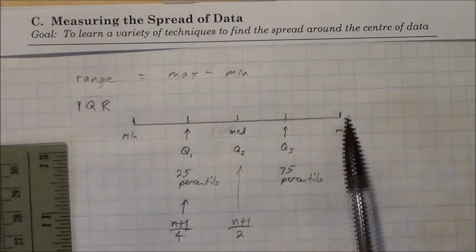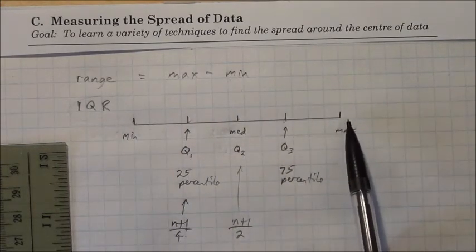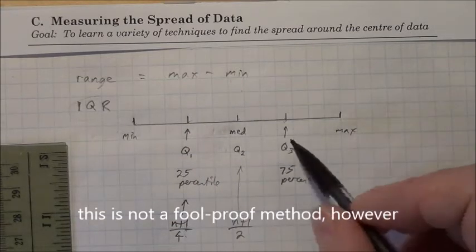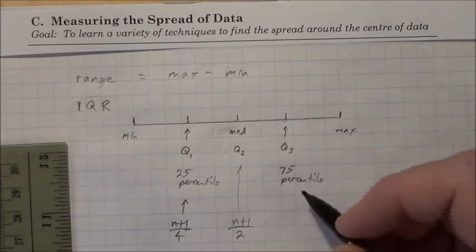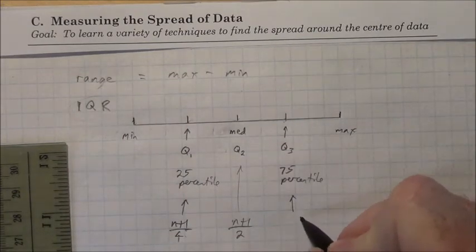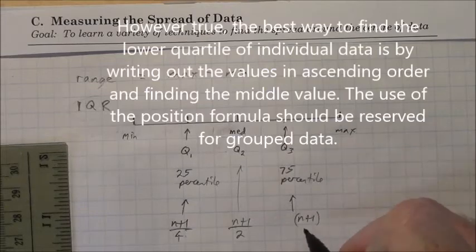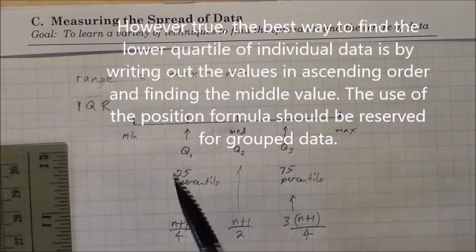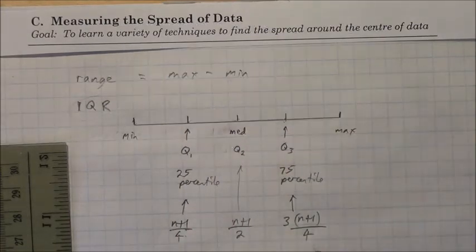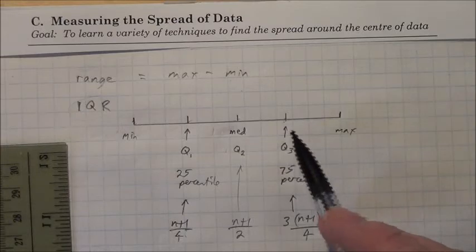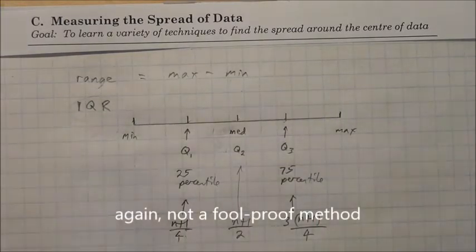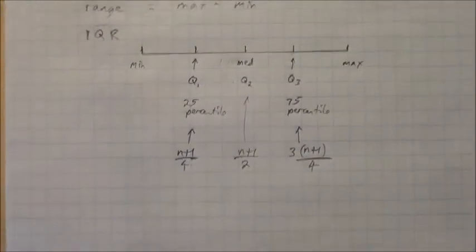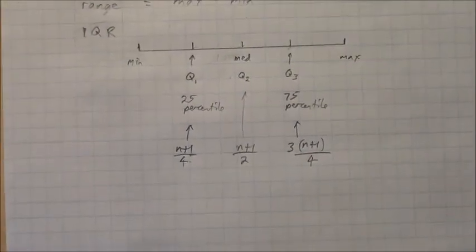We can just go from the total number of data values, add 1 and divide by 4. For the 75th percentile, or Q3, the upper quartile, we can say n plus 1 divided by 4 multiplied by 3, because it's 3/4 of the data. So that's a quick way to find the upper quartile. Those are a couple things we can find from the data, which will help us.